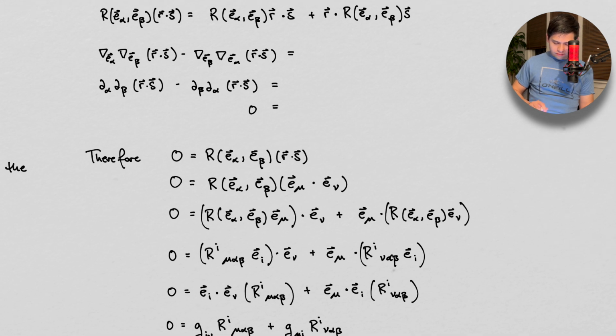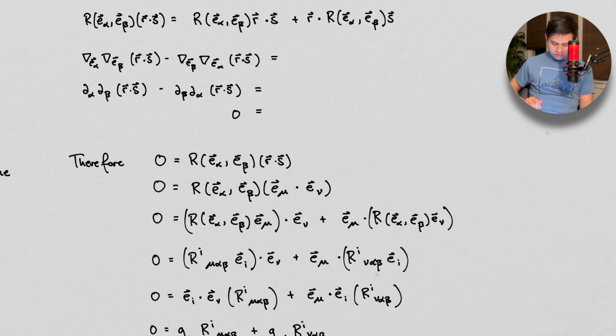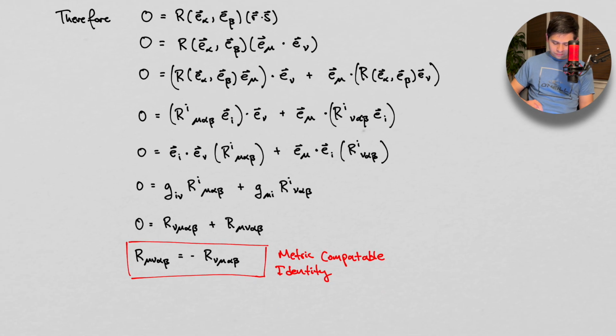So we have that 0 is equal to this, which is up here. And eventually we said that it is equal to this right here, which is right here, just all in terms of basis vectors. Now we're replacing R and S with basis vectors mu and nu.